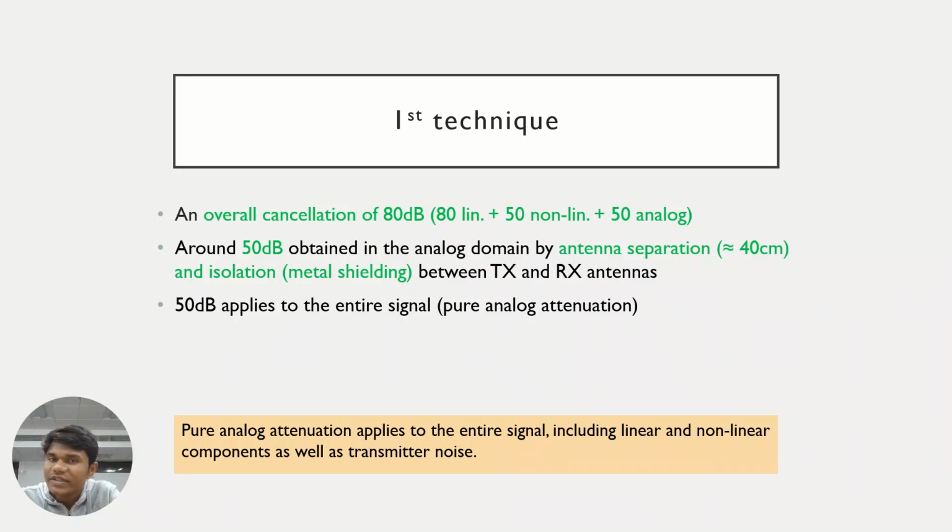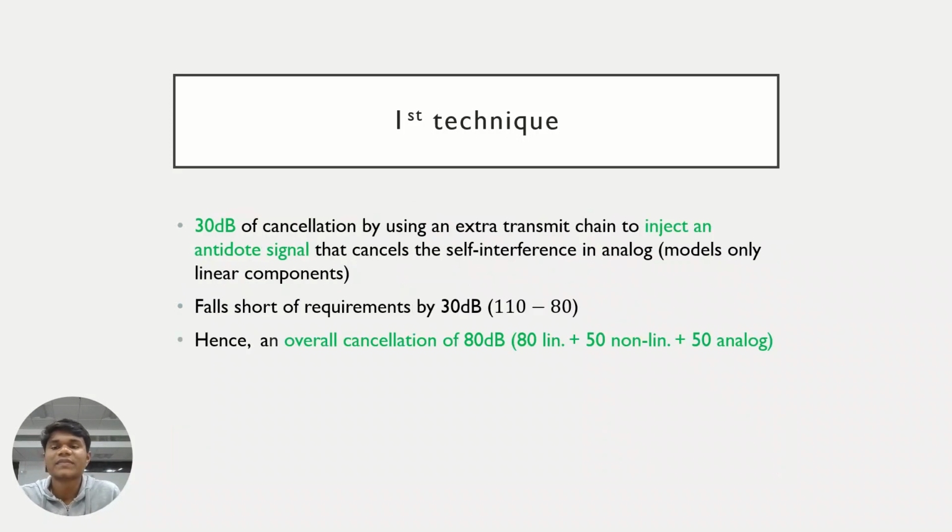Now, one thing to note is that analog cancellation applies to all three of the components that we saw earlier: linear, nonlinear, as well as the transmitter noise. So, whatever you cancel in the analog, you cancel every single component. No need to worry about it thereafter. This is what I wrote in this important box. Now, that was only 50.